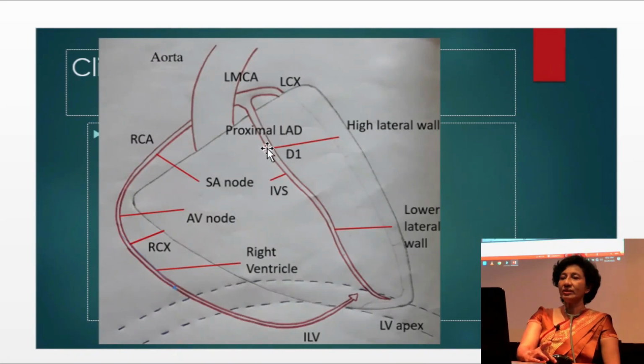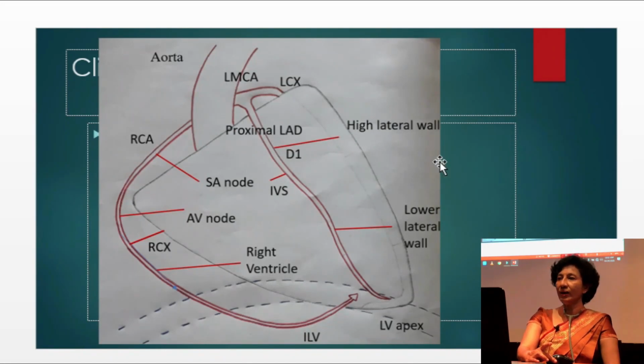If the occlusion of the LAD is at the ostium of D1, what are the abnormalities you get on the ECG? If it is a total occlusion at the ostium of D1, the high lateral wall will undergo total ischemia.